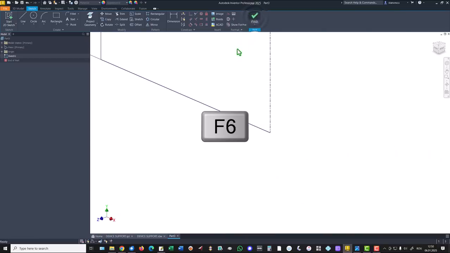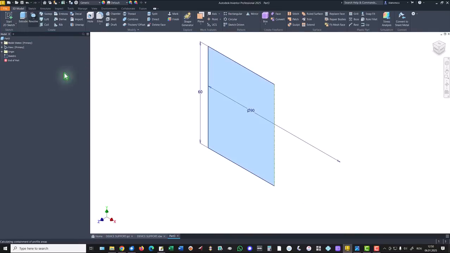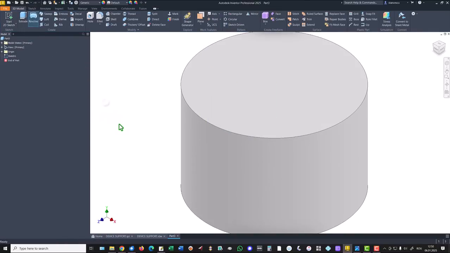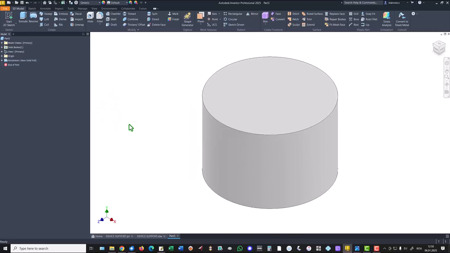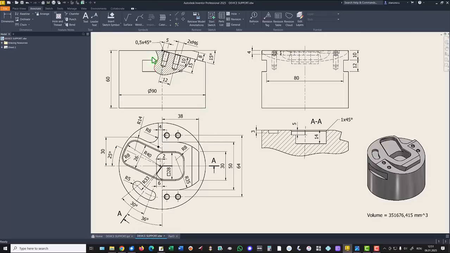Finish sketch, revolve, and the first volume is this cylinder. Here is a sloped plane, 15 degrees, starting from the center.